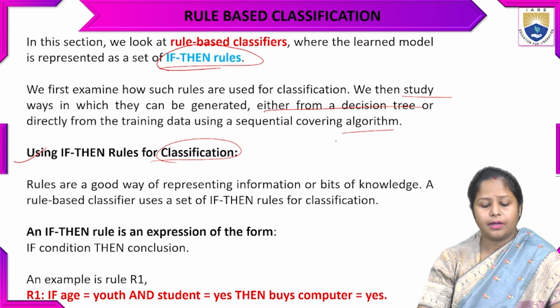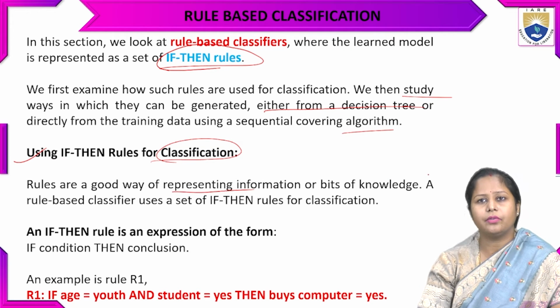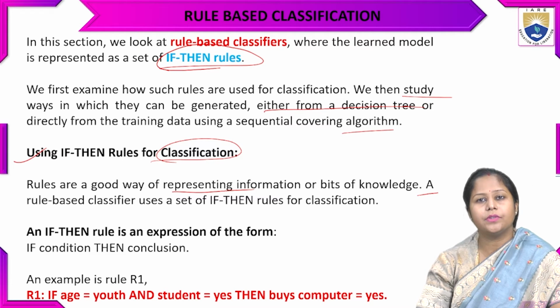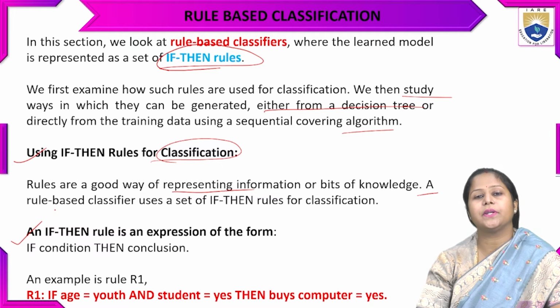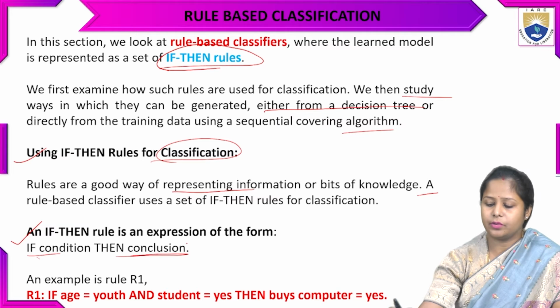Rules are a good way of representing information or bits of knowledge. A rule-based classifier uses a set of if-then rules for classification. An if-then rule is an expression of the form: if condition, then conclusion.